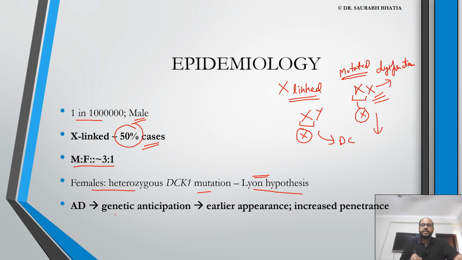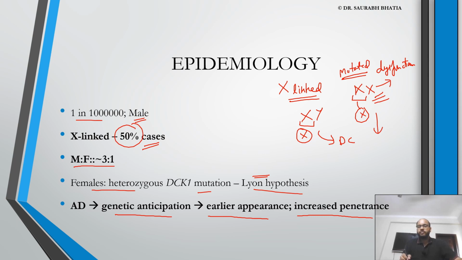There's a concept known as genetic anticipation. By genetic anticipation, we mean that if in a family people are getting affected by Dyskeratosis congenita, as the generations increase, the clinical features appear earlier and become more severe. This is known as genetic anticipation. There can be earlier appearance of features or increased penetrance.